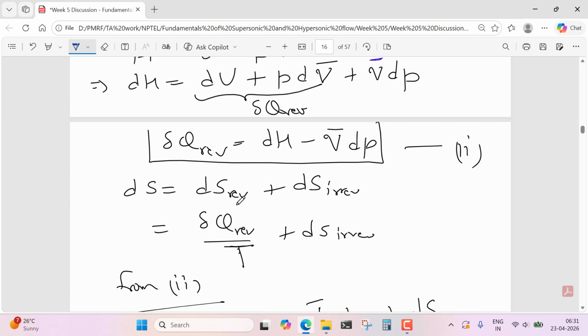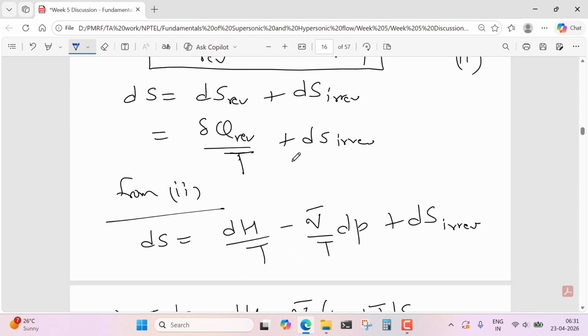So this del Q reversible, we know it is dH minus Vr dP. If substituted here, we will get dS equal to dH upon T minus Vr upon T dP plus dS irreversible.